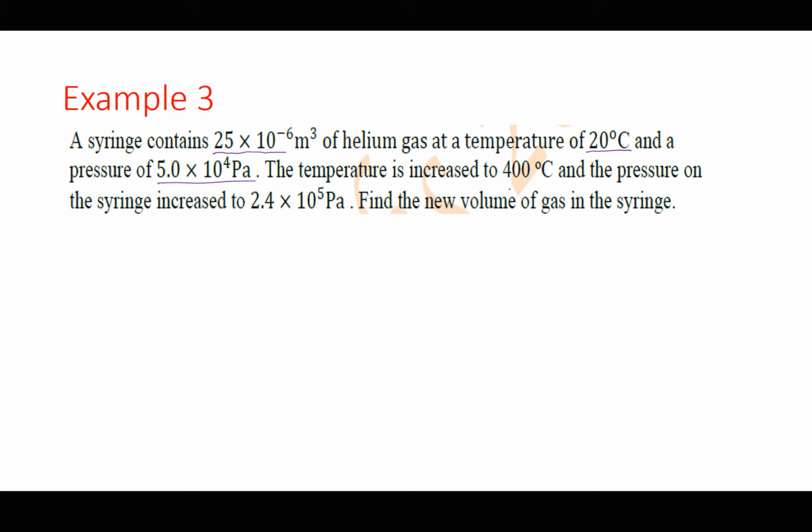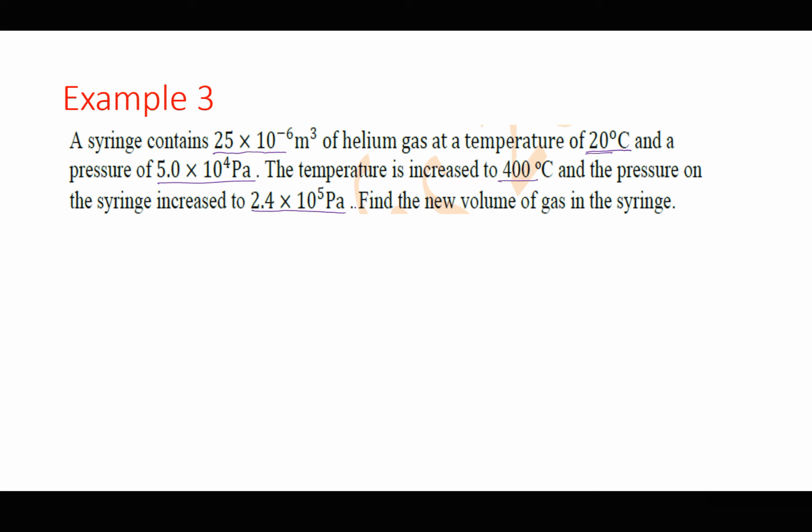The temperature is increased to 400, so we have changed from 20 to 400 degrees Celsius. And the pressure on the syringe is increased to this. So there has been a change in pressure. Find the new volume of the gas. So volume is changing, temperature is changing, and pressure is also changing.